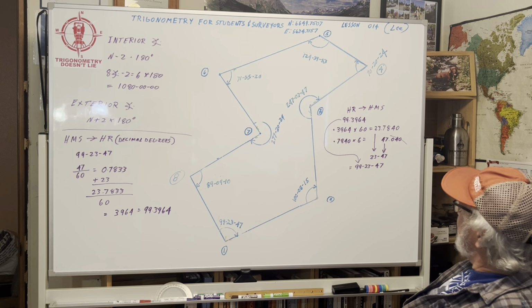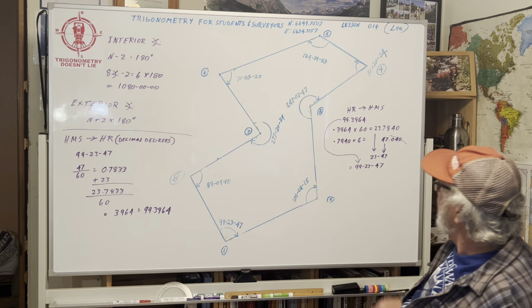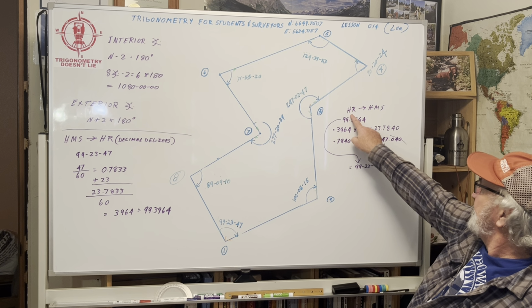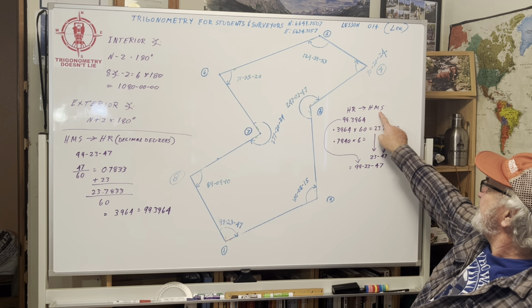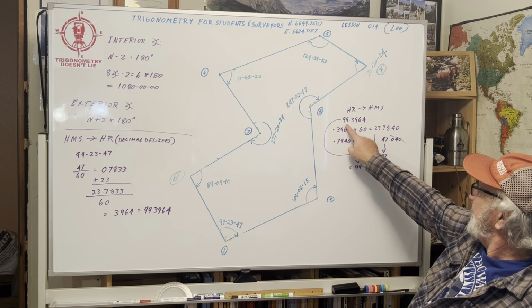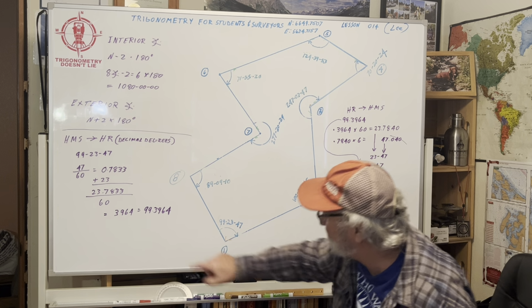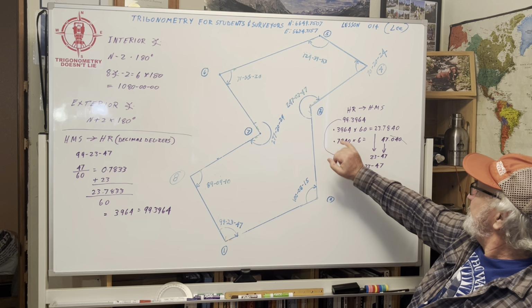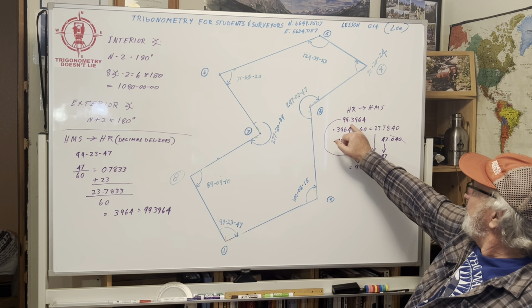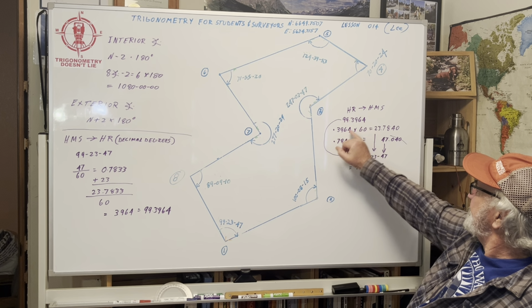When you get all done with that, if you want to change it back, here's your decimal degrees. We're going to change it back to hours, minutes, seconds. 99.3964 right there. Now you take the decimal part, the minutes and seconds.